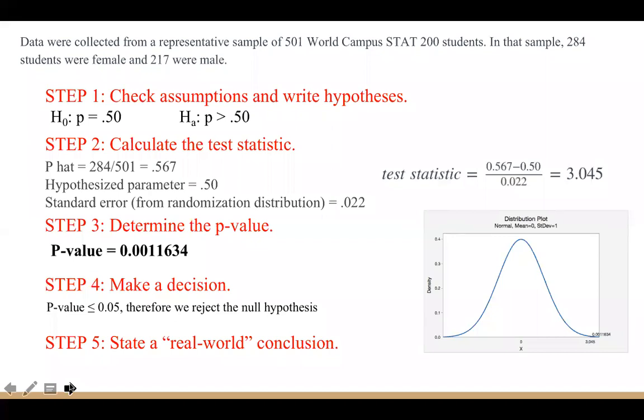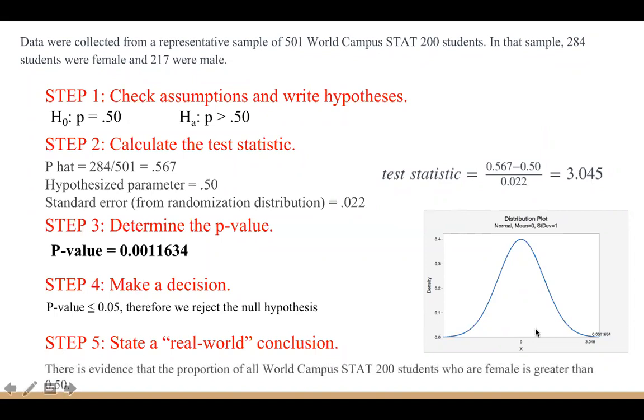So we can reject the null hypothesis. And then we can state a real-world conclusion saying that there is evidence the proportion of all World Campus STAT 200 students who are female is greater than 0.50.